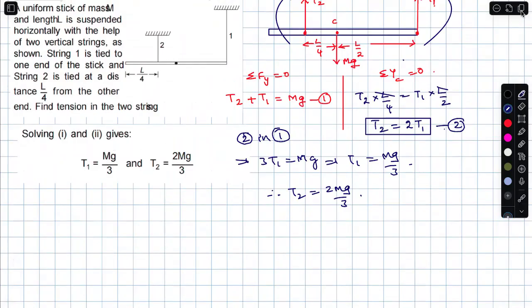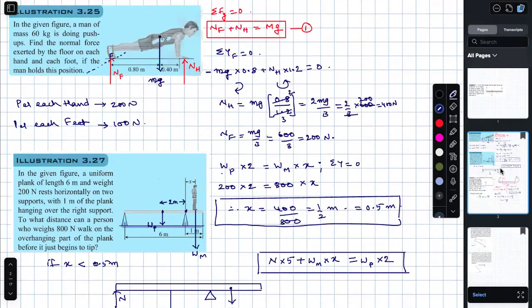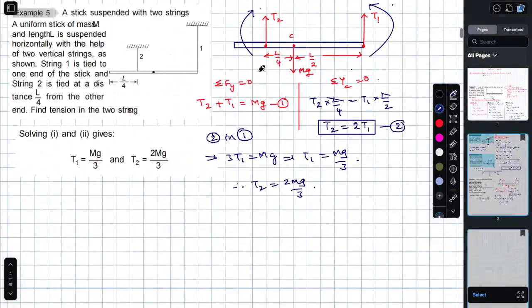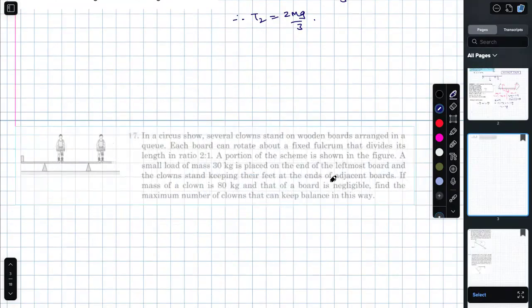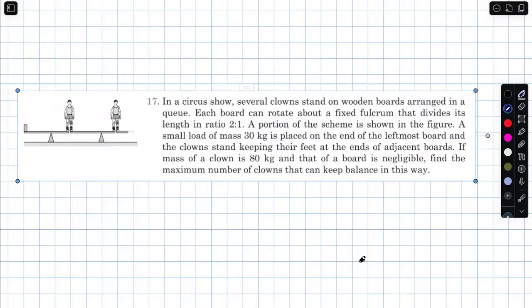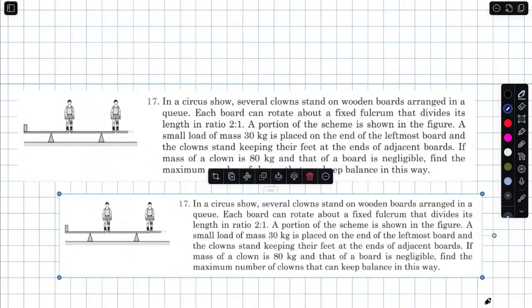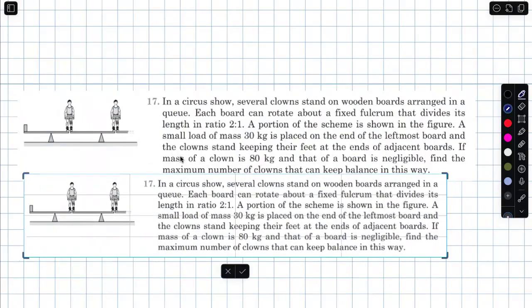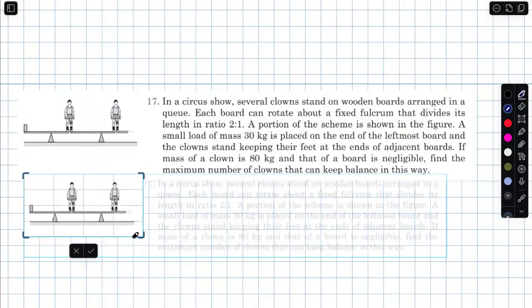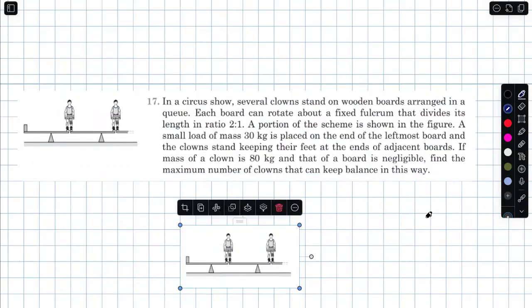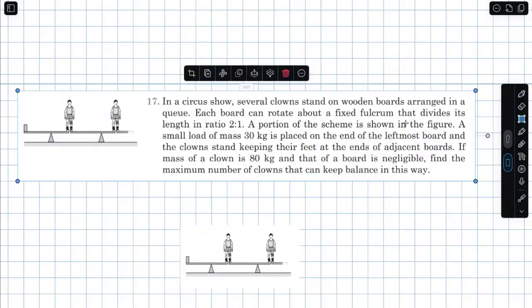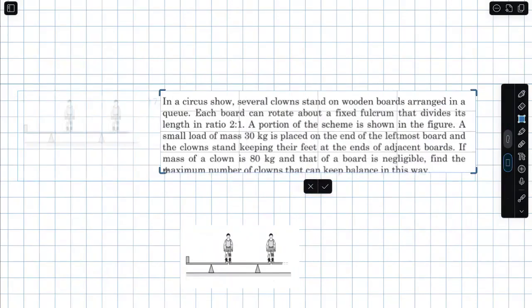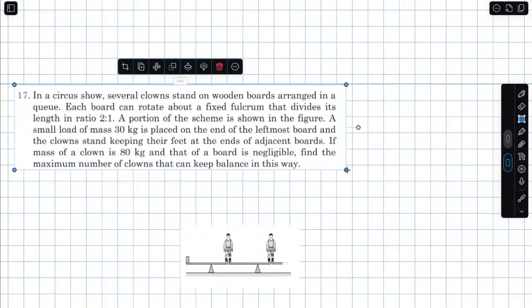Everyone try this. Very good question, actually.